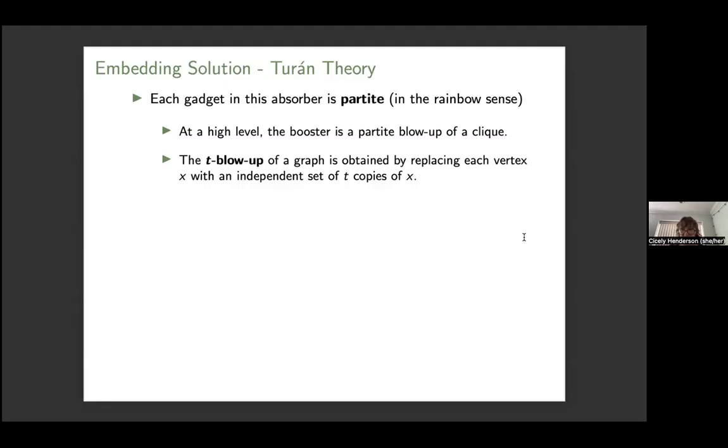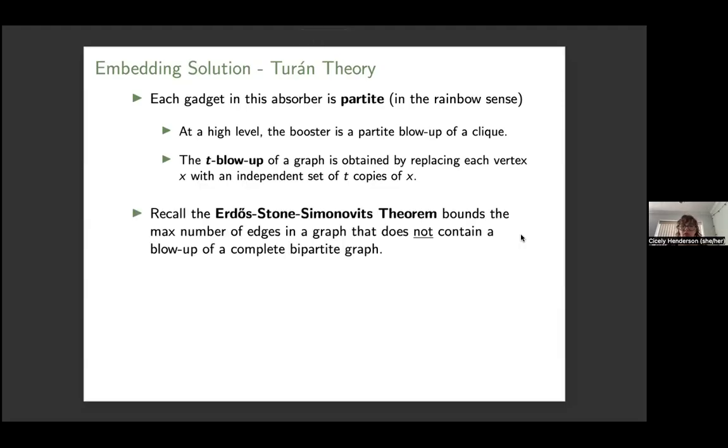And in case you haven't seen it before, the T blow up of a graph is obtained by replacing each vertex X with an independent set of T copies of X, and taking the complete graph between these new independent sets whenever you had an edge. Well, then the classical Erdős-Simonovitz theorem bounds the maximum number of edges in a graph that does not contain a blow-up of a complete bipartite graph.